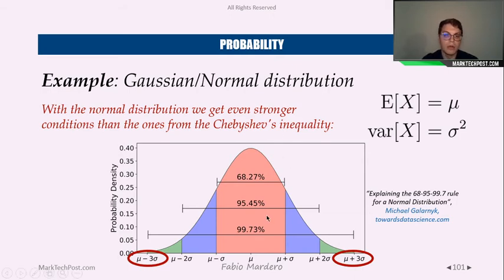Here, in the normal distribution, since it's this particular bell-shaped distribution, we have just to move 3 sigmas to the left and to the right of mu, our expected value, to get 99.73% of the distribution inside this range.